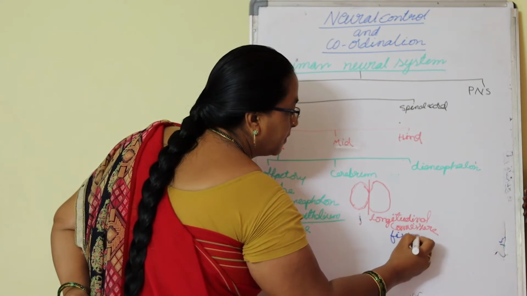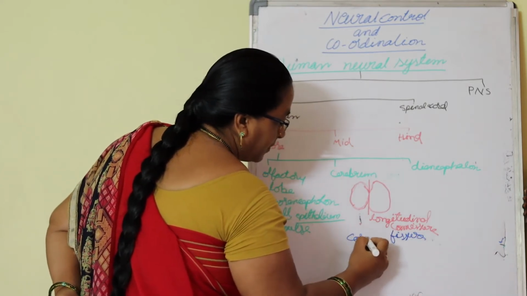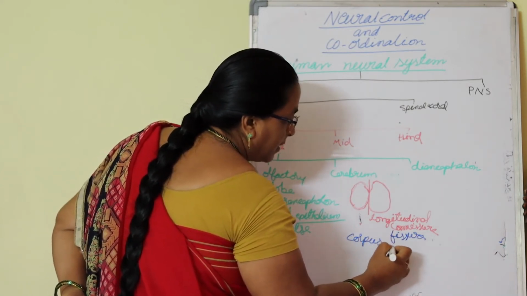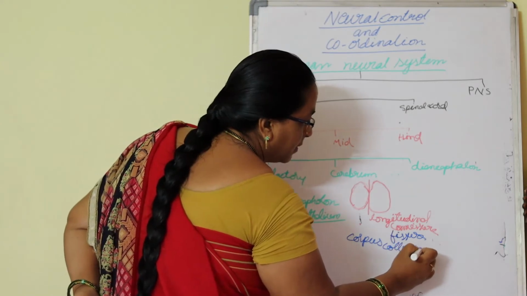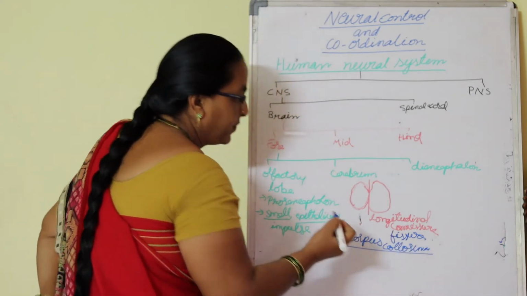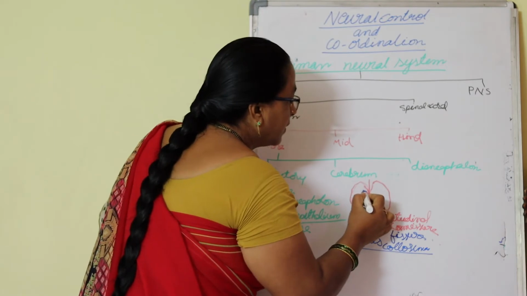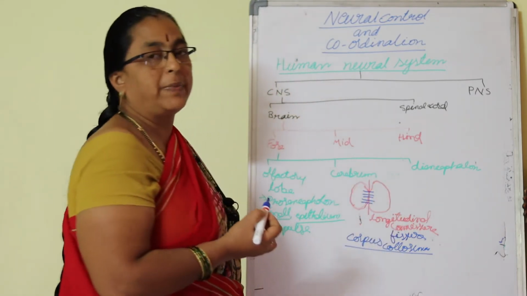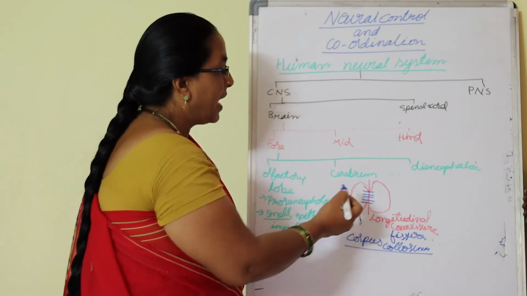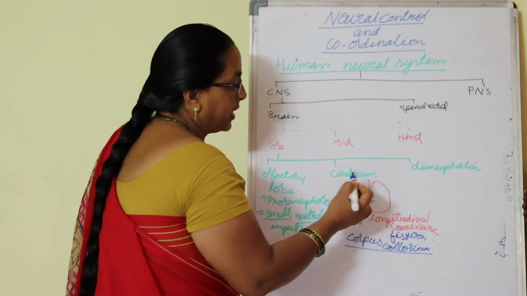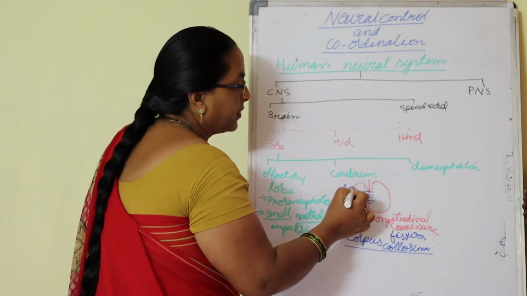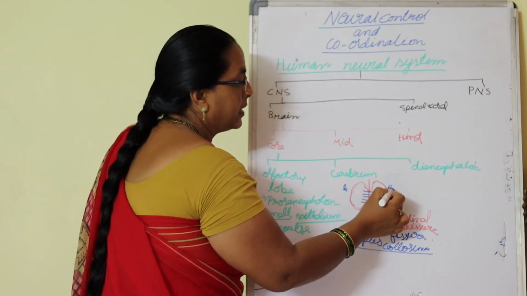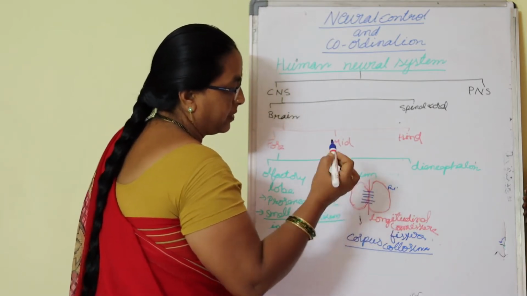The corpus callosum consists of white myelinated flat bundles which connect the left and right hemispheres.